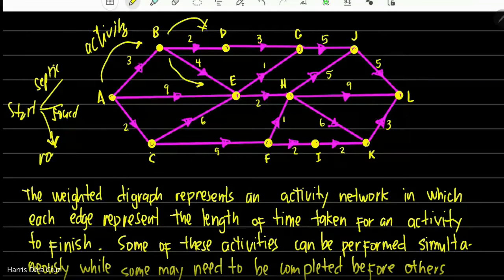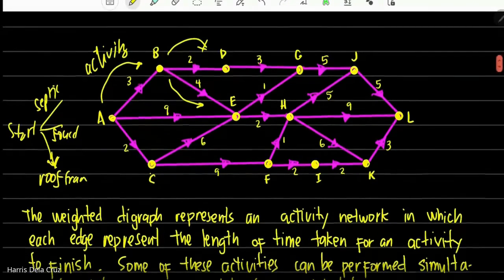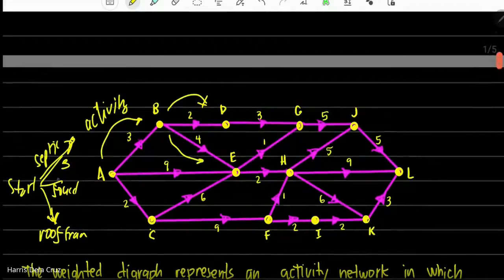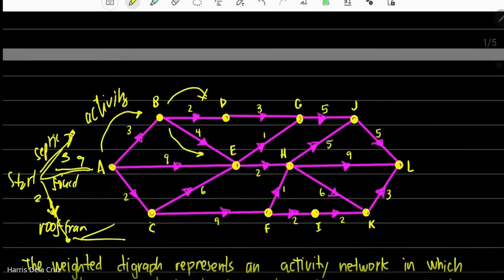Roof frame. Tapos sa dulo, ibig sabihin, natapos yung activity after 3 days. Halimbawa, foundation say 9 days, roof say 2 days. Yan. So from here, tsaka mo isusunod yung susunod na mga activity. So, yung iba, ganun yung ginagawa.